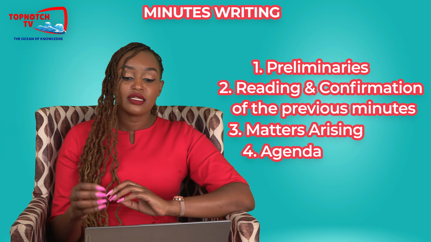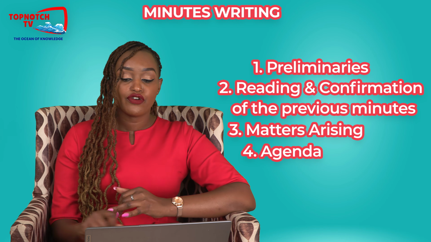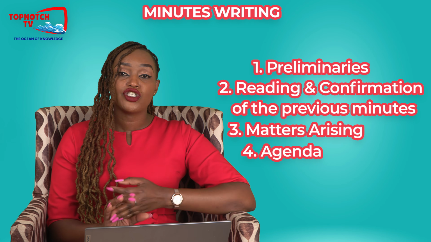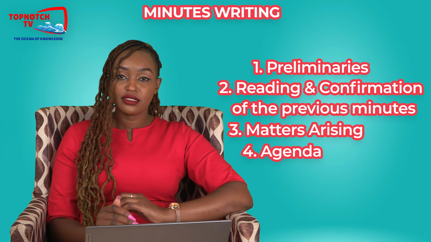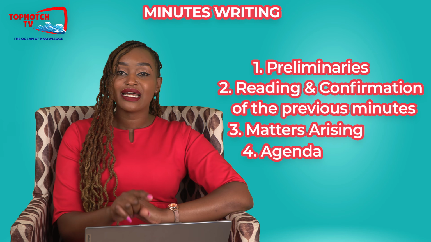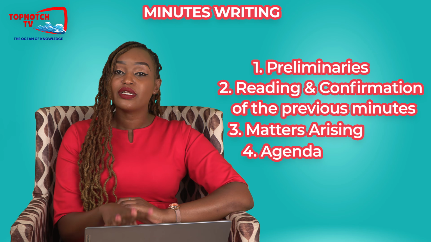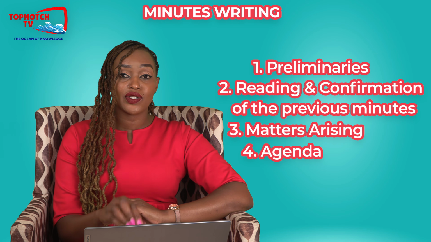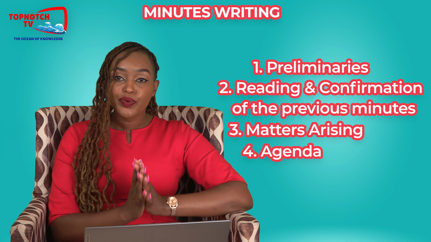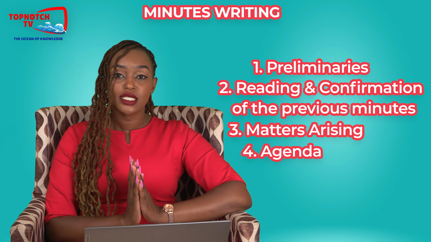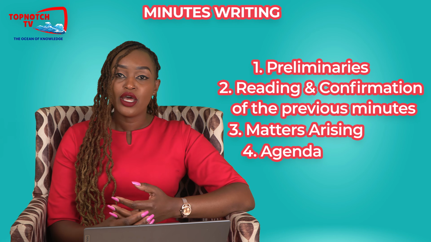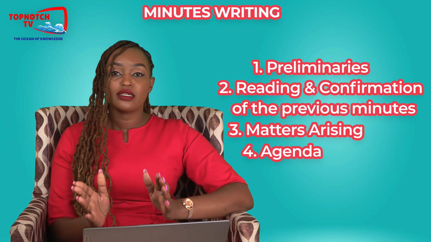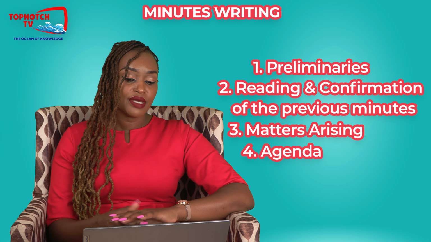The issues discussed included academic performance, exams and purchase of the new set books. So as a student, as a learner, as you write, ensure that you're following the instructions or the content given in that particular question. I hope you're together up to this point, so that by the time you're done with the agenda, you're basically almost done with writing the minutes.